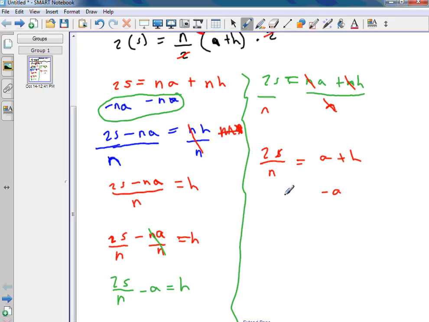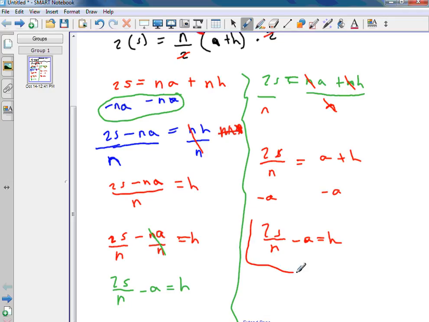So subtract a, subtract a. Now I end up with 2s over n minus a equals h. Okay, so that's solving the problem, and I've got both answers here.